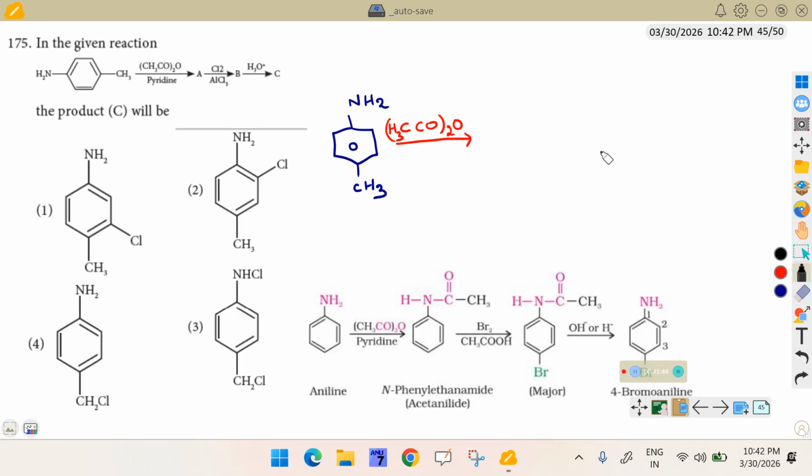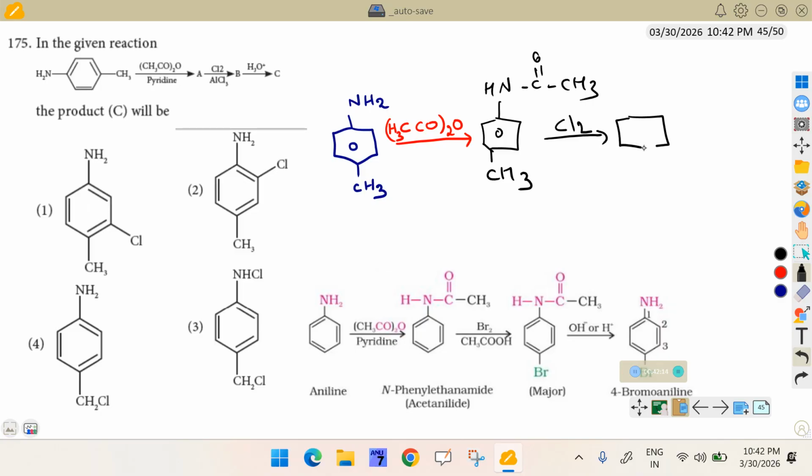Identify the product C. The NH2 group reacts with acid anhydride, then it gives NHCOCH3. The methyl group is as it is, which further reacts with chlorine. Already the para position is filled.